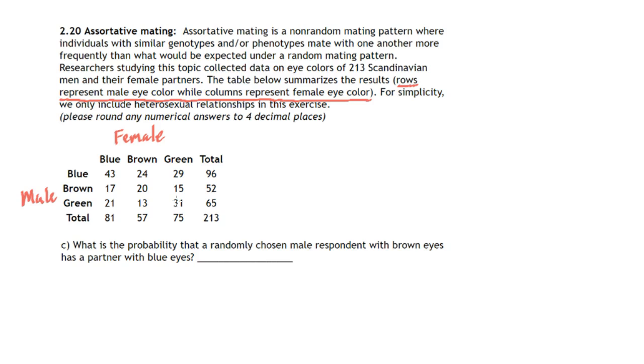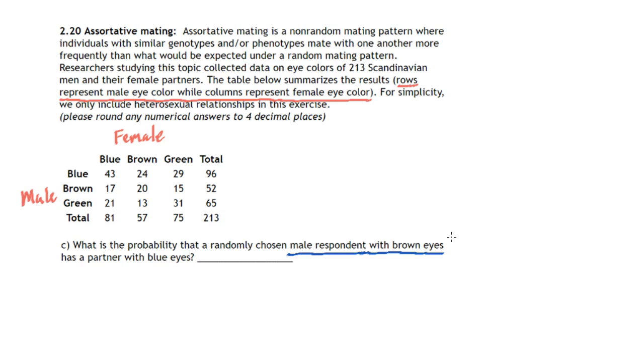So it's conditioning on this part of the statement. We're only looking at male respondents with brown eyes. And then we're trying to figure out the probability that their partner has blue eyes. So our total in this case is male respondents with brown eyes.